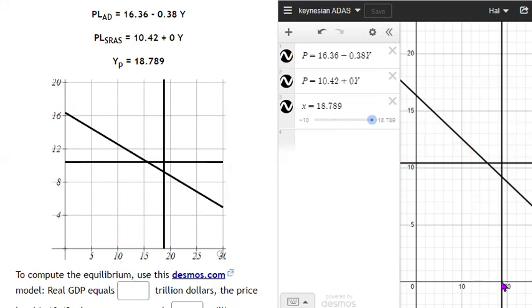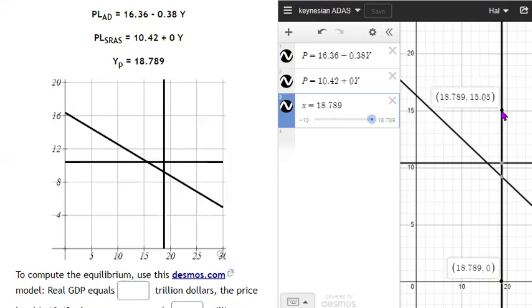So potential GDP is 18.789. Potential GDP is a vertical line here. Long-run aggregate supply is a vertical line because it equals the value of GDP, what it should be if the economy were at full employment. It doesn't matter what the prices are. If the price level is 2 million, potential GDP is going to be 18.789.